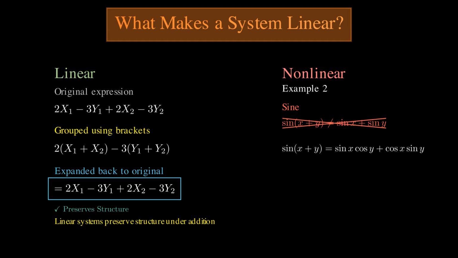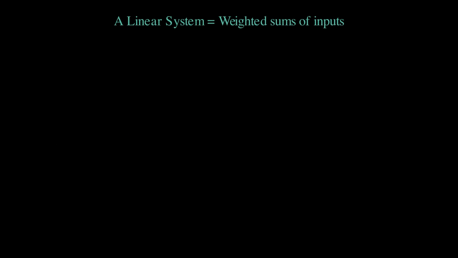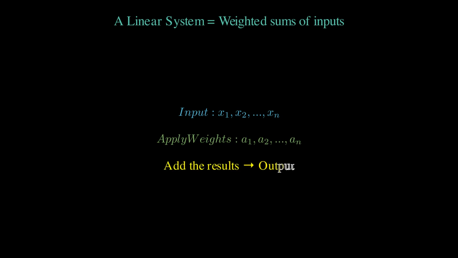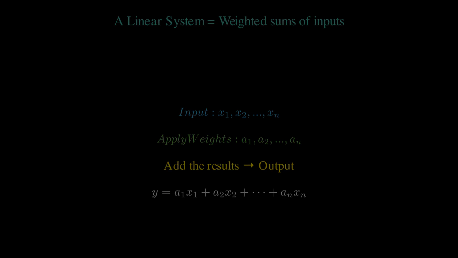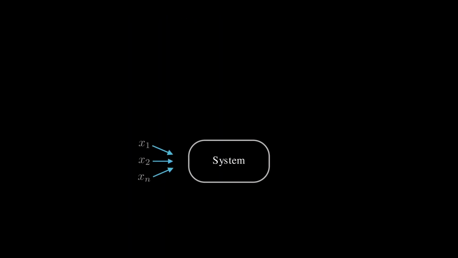Now, let's see how it looks in general form. To summarize, a linear system takes each input, applies a constant weight, and adds the results. So how do we express that when there are many inputs and many outputs?